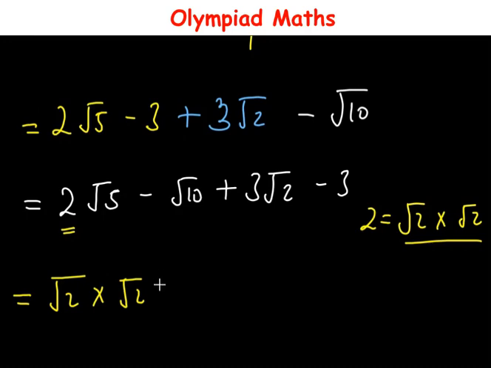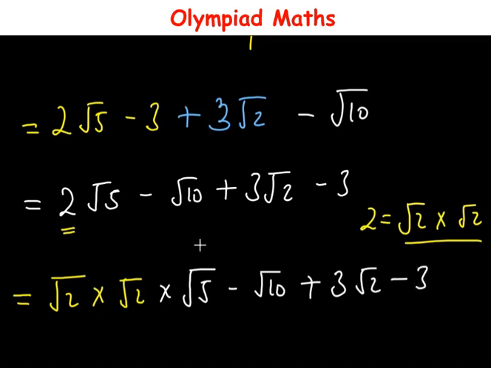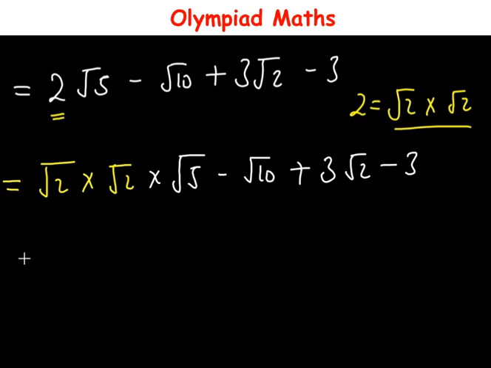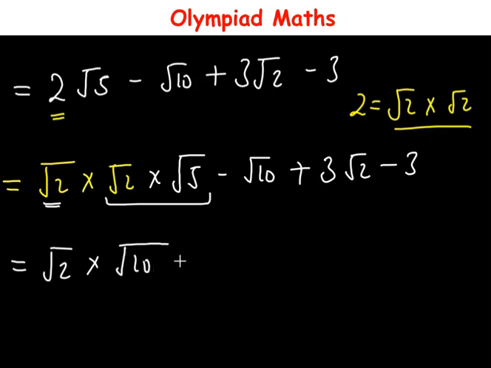Then we also have times root 5, then minus root 10 plus 3 root 2, then minus 3. Simplifying this further, this equals root 2 times root 5, which gives us a value of root 10. Then we have root 10 plus 3 root 2 minus 3.